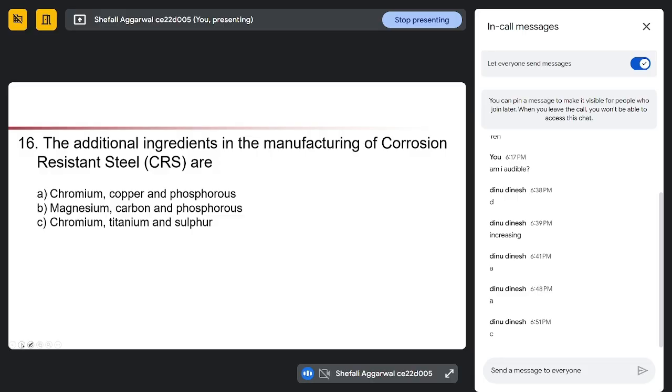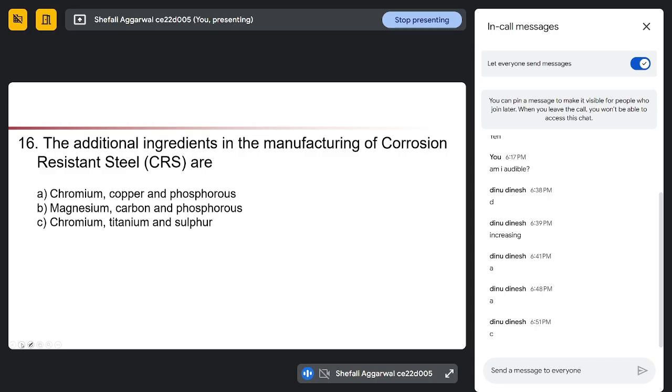So the 16th question is: the additional ingredients in the manufacturing of corrosion resistant steel rebars are: chromium, copper and phosphorus; magnesium, carbon; or phosphorus, chromium, titanium, and sulfur. So in corrosion resistant rebar, what are we using?